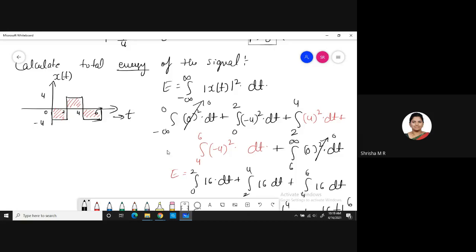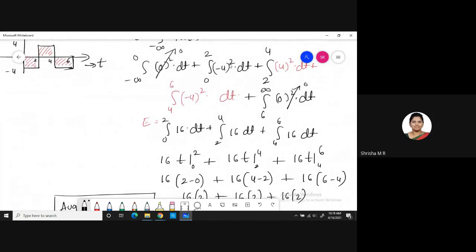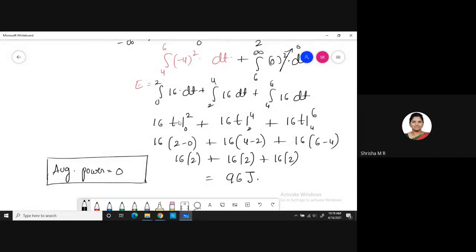The first term and last term will be 0. So you have 0 to 2, 16 into dt plus 2 to 4, 16 into dt plus 4 to 6, 16 into dt. If you integrate, you get t. Put upper limit minus lower limit and you'll get the energy of the given waveform. Clear everyone?